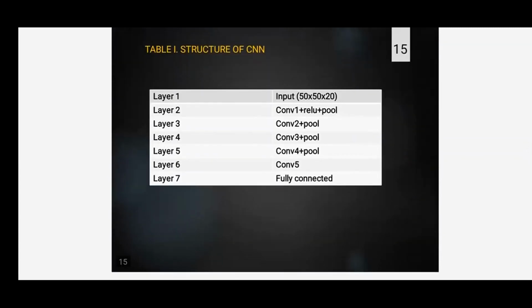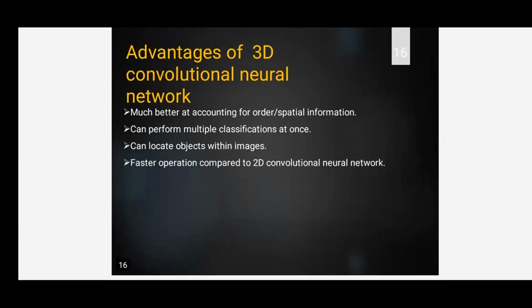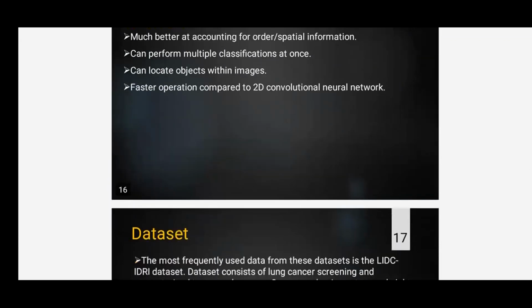And these are the 7 layers of the convolution layer. The advantages of the 3D neural network are that it is much better at accounting for order or spatial information, can perform multiple classification at once, and can locate objects within an image, with faster operation when compared to 2D convolutional neural network.